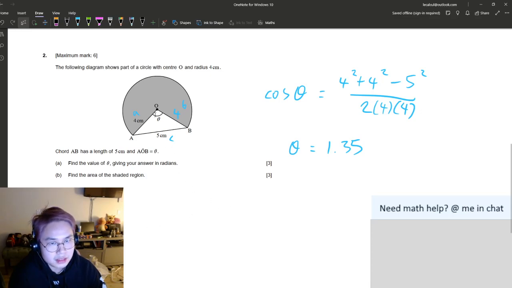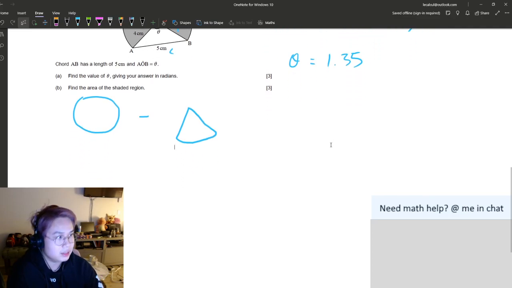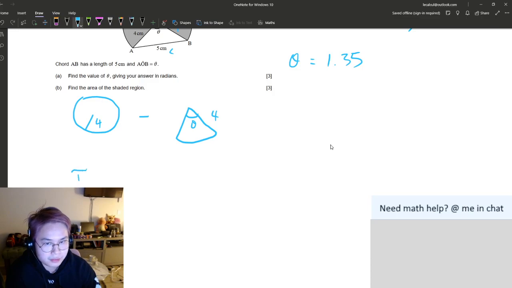Okay, and then we need to find the area of the shaded region. So, why don't we find the area of the circle and subtract the area of the sector. Each one of these is easy enough to calculate. With a radius of 4, and now we know what theta is. So this is pi r squared.